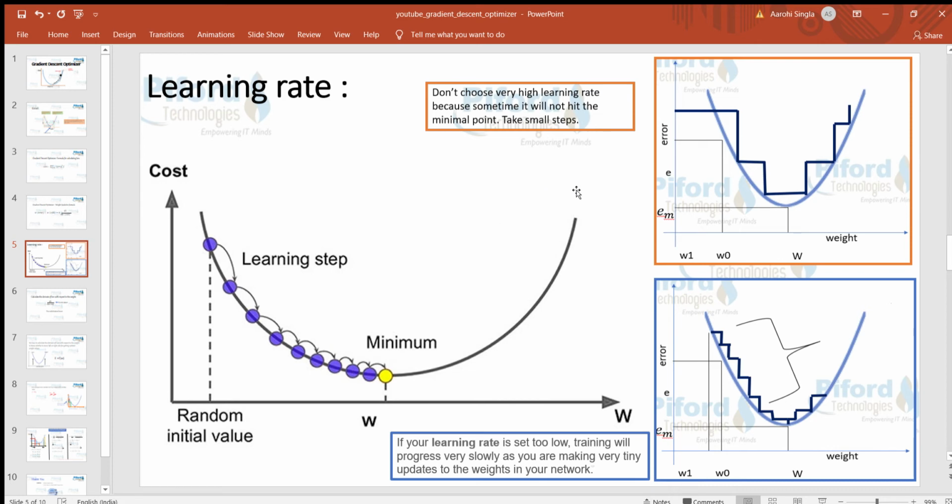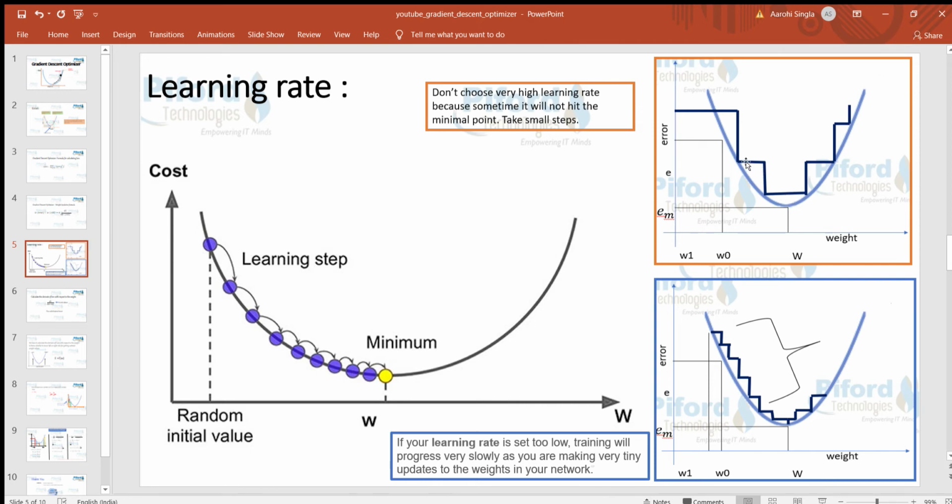See over here, there are two scenarios. Consider this first picture now. If you see, this is the initial point. Let's suppose our initial weight value is somewhere over here. Over here, I'm taking long steps, meaning high learning rate. So see what is happening over here: from this position we are not hitting the minimum, we are not able to reach the minimum.